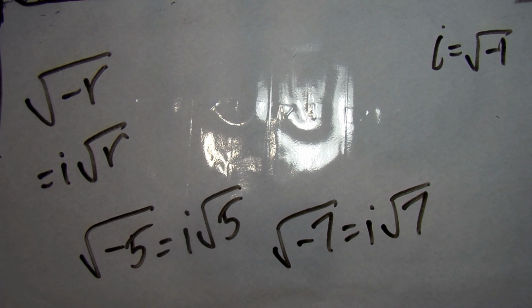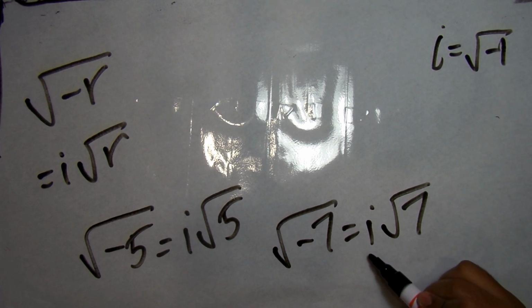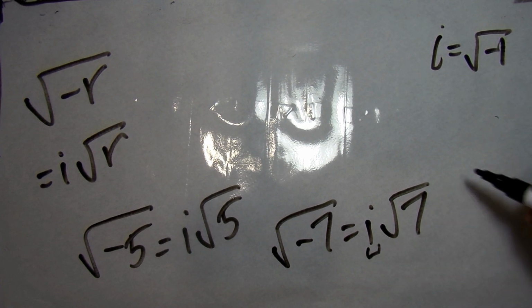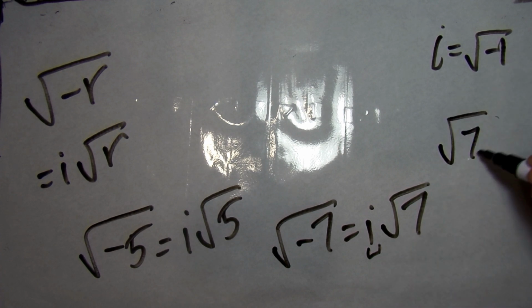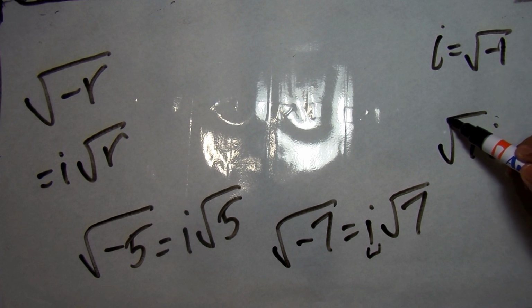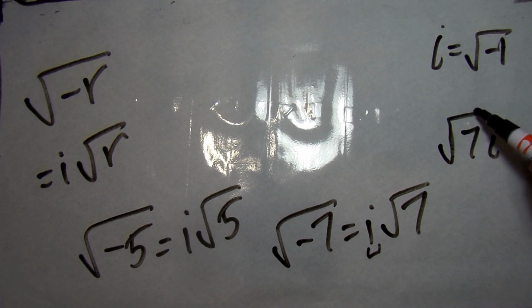One important thing to remember when we're writing complex expressions, since we are often dealing with square roots, is that the i should never be at the end. To write i root 7, we can never write it as root 7i. Because it is often misinterpreted, since sometimes your square root line can extend a bit more, and the examiner or your teacher will be unsure of whether this i is part of the square root or is outside the square root.